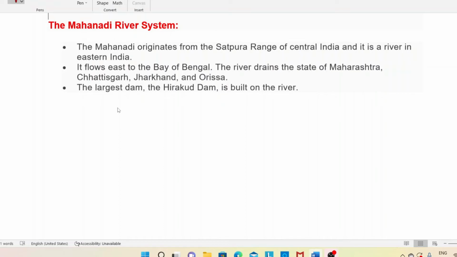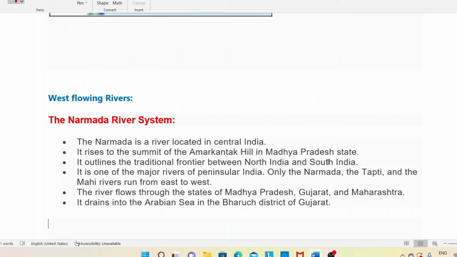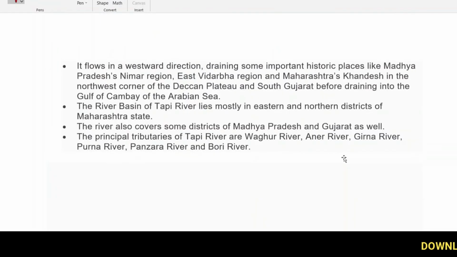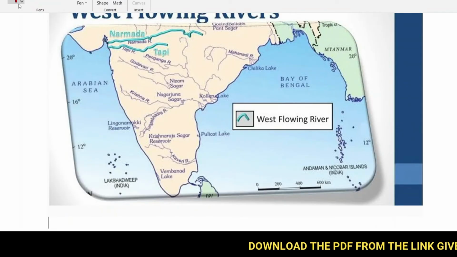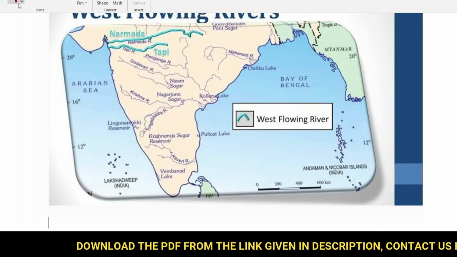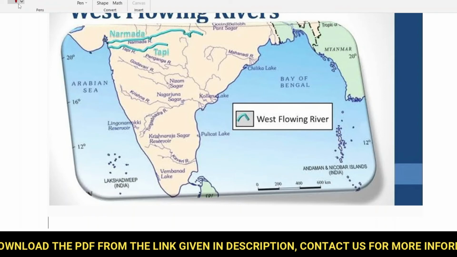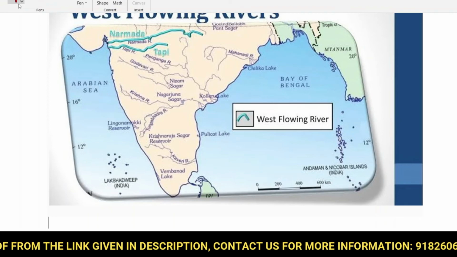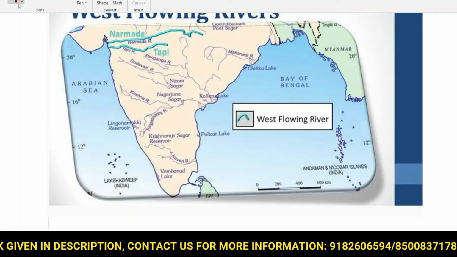It rises in the Amarkantak hills in the state of Madhya Pradesh. The Narmada river originates near the Amarkantak plateau in Madhya Pradesh, in central India.